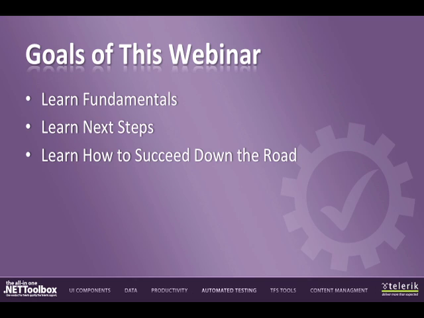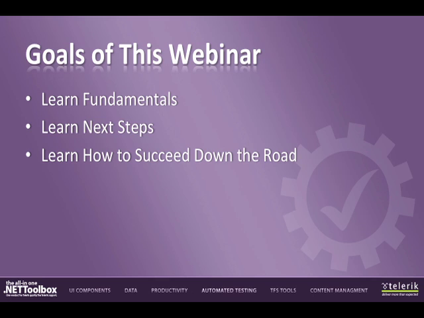Web automation is really easy to jump into and get a few things done. After a week, everything seems to be running great. You're all excited. And then about a month down the road, you start scratching your head because you're running into some tougher areas. Your tests aren't running very stable. You're starting to find things take a lot more time to fix when your system changes. And then 3 to 4 months down the road, people start throwing up their hands and get really frustrated with issues that they're running into with their automation suites.